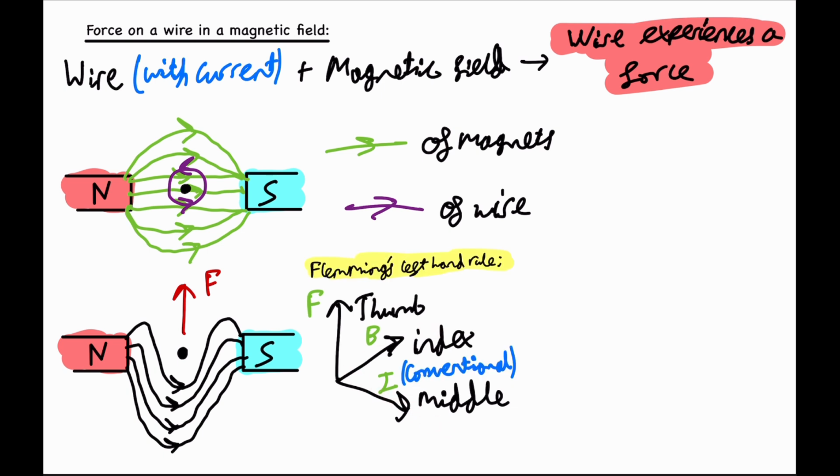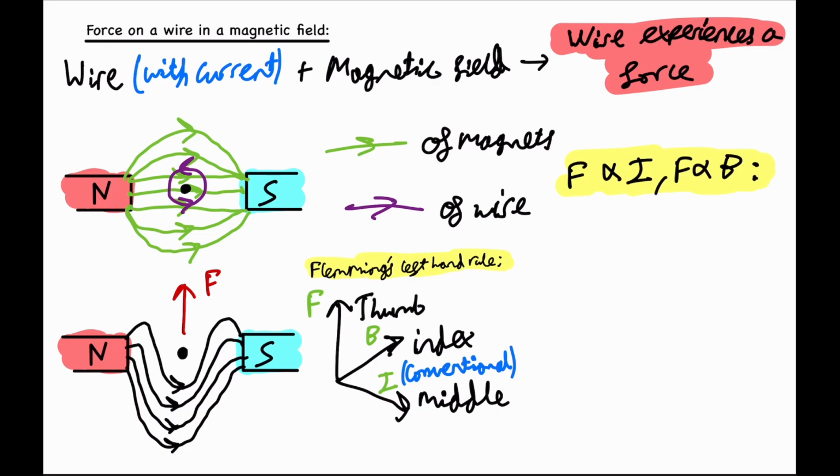It's worth noting that the force is proportional to the current, and it's also proportional to the magnetic flux density of the magnetic field, where the magnetic flux density is the force on a meter of wire carrying 1 ampere of current at right angles to the magnetic field.